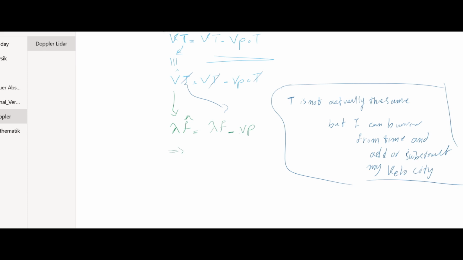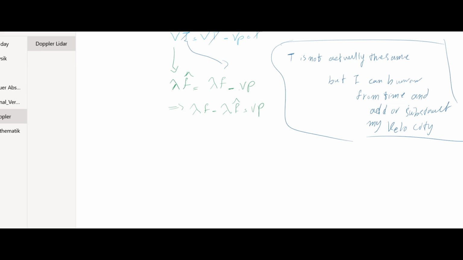And from this I can bring these back and write lambda f minus lambda f hat is equal to the velocity of my particle. If I factor the lambda out, it would be f minus f hat is equal to velocity of my particle, and therefore my delta f is equal to velocity of particle over my lambda.